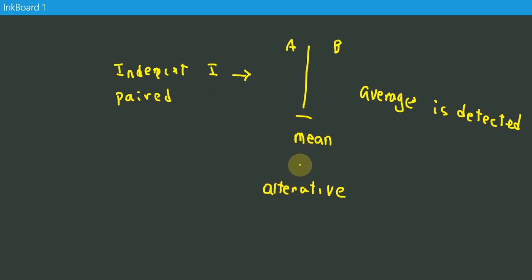Your hypothesis, the alternative, is always based on the concept that there is a difference. Contrary to the alternative, the null hypothesis automatically is the same. The meaning of the null hypothesis is no difference, the same.